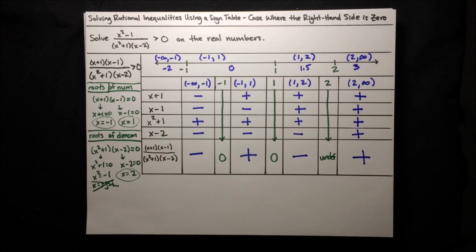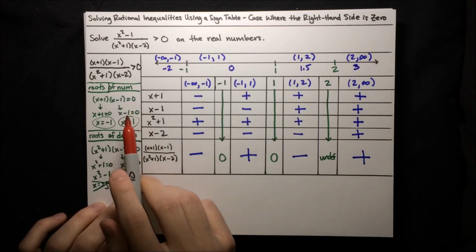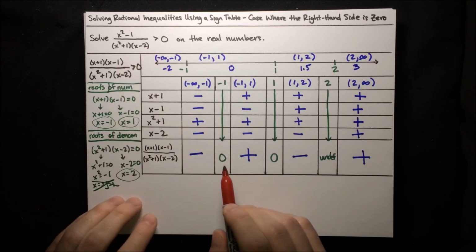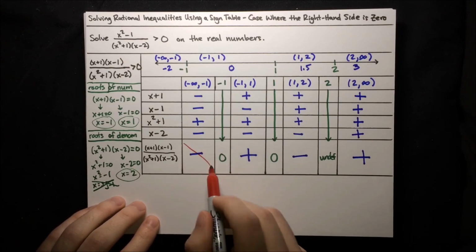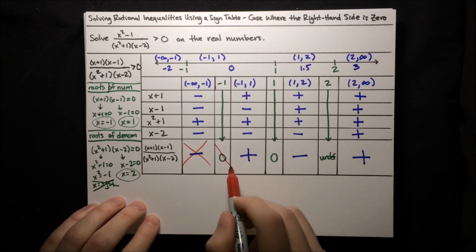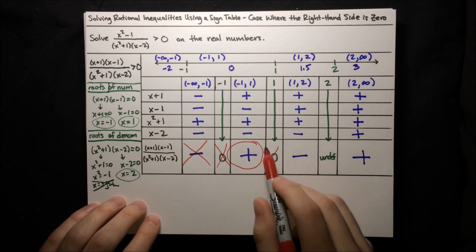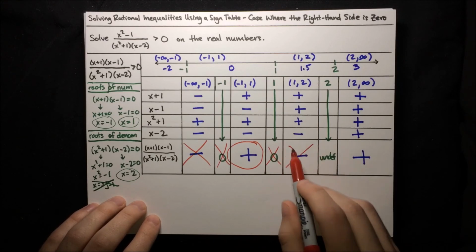Great, we're almost there. Now let's look back to the original problem statement. We wanted to find where the expression is strictly greater than 0. So negative is not going to work, and 0 is not going to work because it's strictly greater than. Positive will work, so that's good. 0 won't work. Negative won't work.